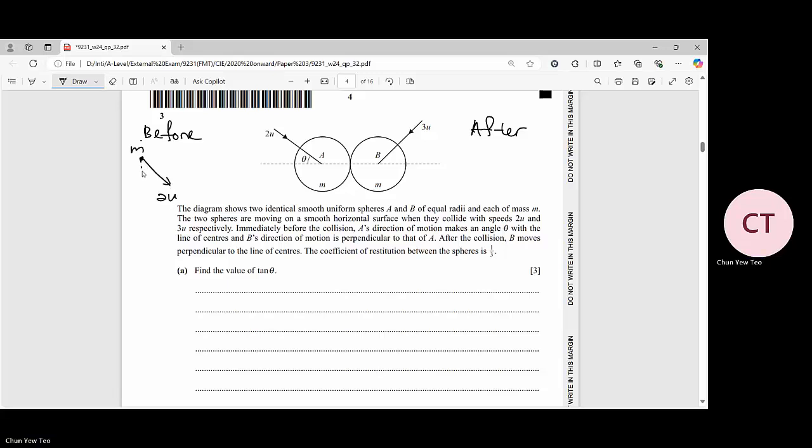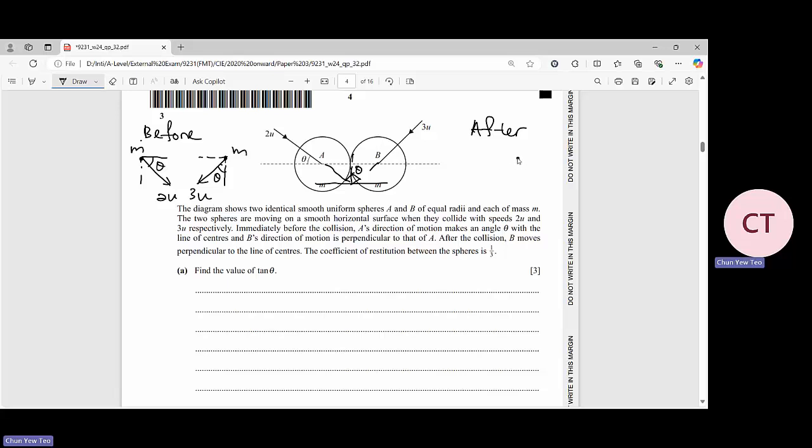So before, it will be the mass m moving down with the speed of 2u. The angle here is theta. And as for particle B, since if you extend this, it is a 90 degree angle, that means this will be theta. Okay, so the theta will be here. That is 3u. The mass is m.